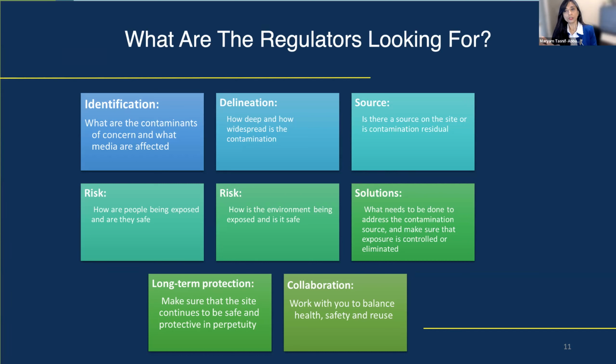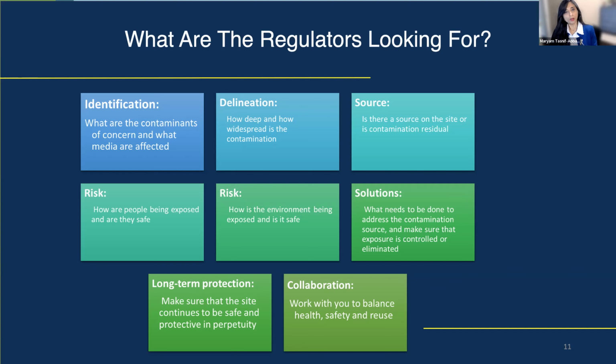We always want to know if there is an existing source at the site, or if that source has since been removed and we're just dealing with the residual impacts of this source. And so through that process of identification and delineation, a lot of the answers that the regulators are looking for is to identify that source.